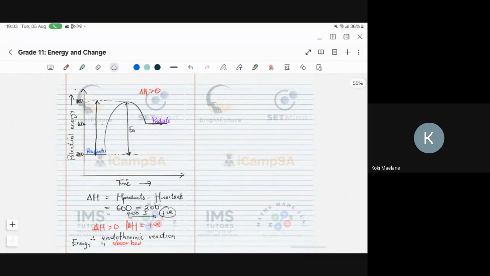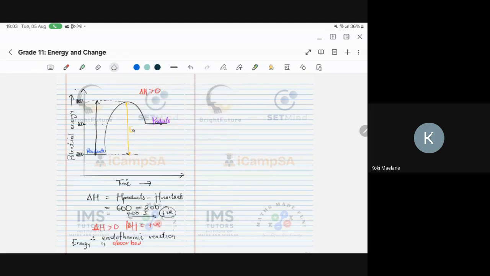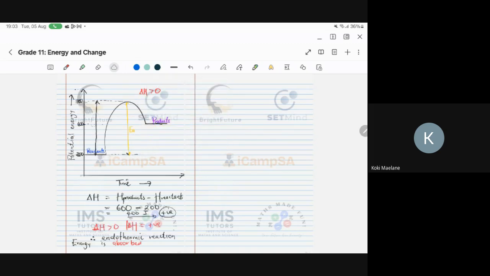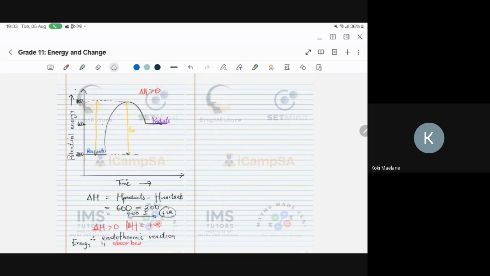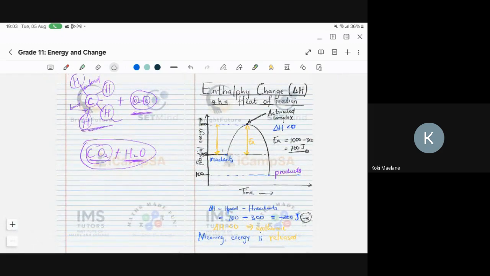Now, I think activation energy was made yellow or orange. I don't know what that color is. Same as this guy. We said this guy is our activation energy. Now let me see. What else did we want to share? Oh yes, this right here.